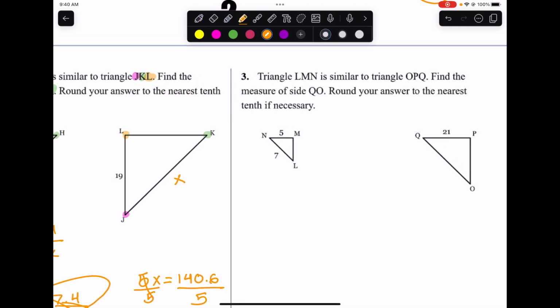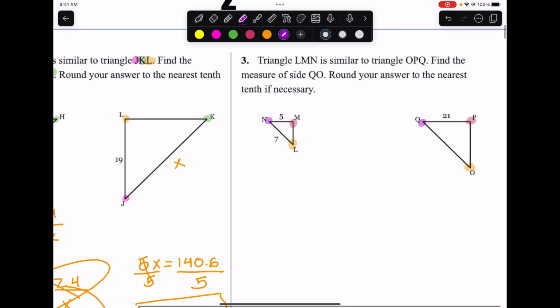Number 3, same process. L is corresponding with O, M and P, N and Q. So now we want to find the measurement of QO. QO is right here. So again, we set up a proportion. NM is going to be corresponding to QP, and then NL, QO.